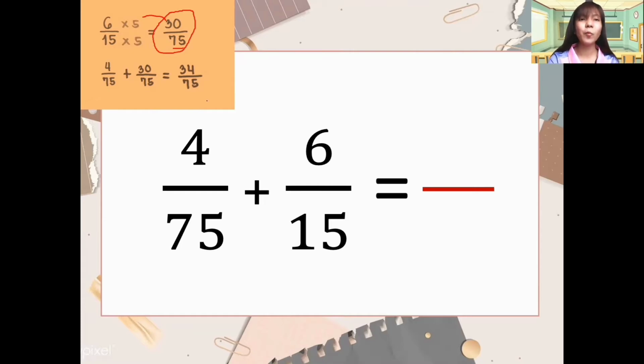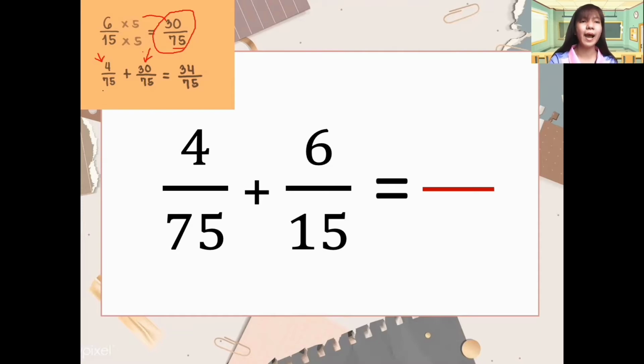Okay, now we can add because we now have the same denominators. So 4 over 75, which is this one here. Okay, 4 over 75 here. And then instead of 6 over 15, you write 30 over 75.